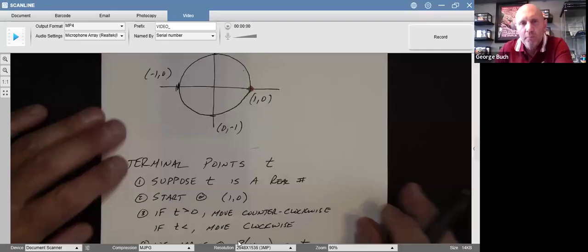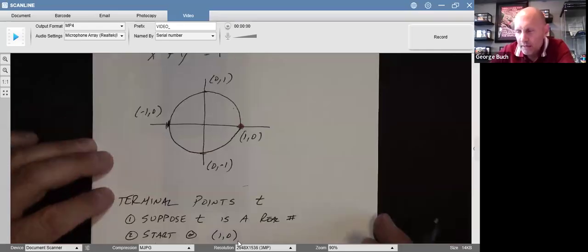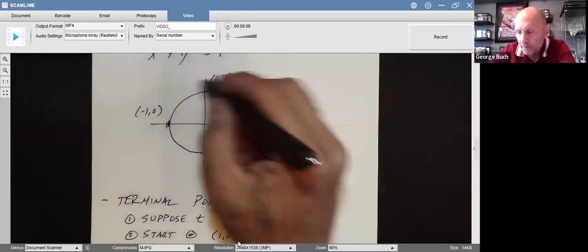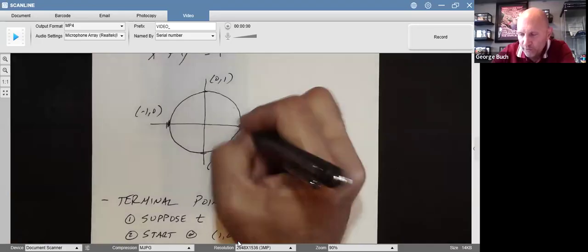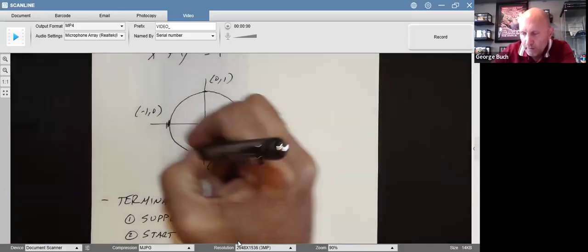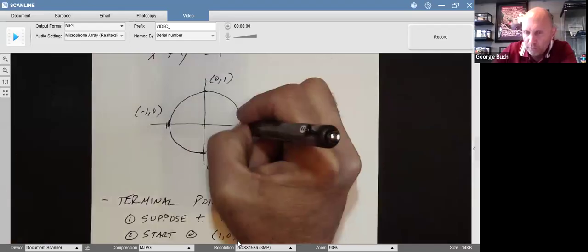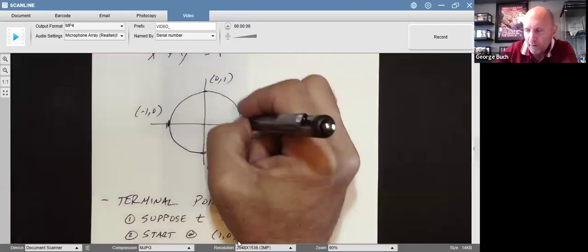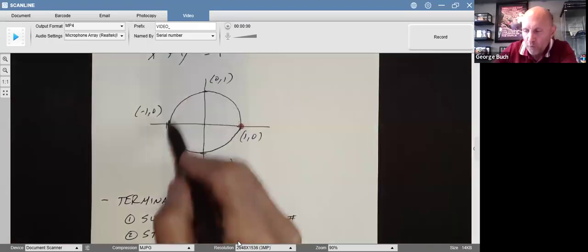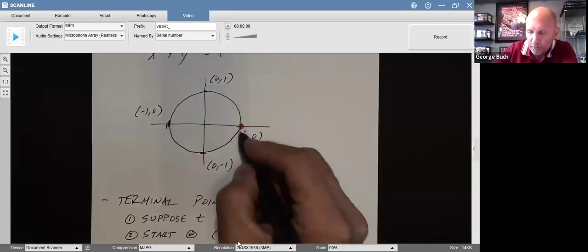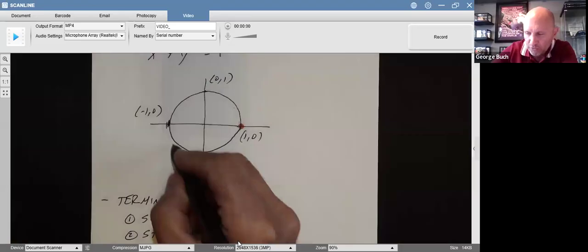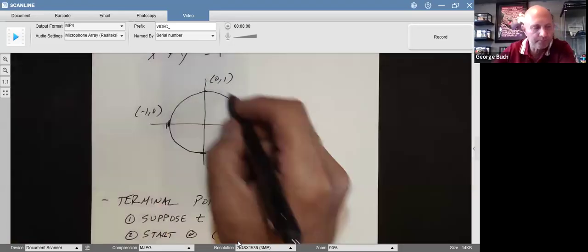What I like to tell people is think of this like a park that has a big circular sidewalk around it. If you're going to walk all the way around in a positive direction, you're headed this way around. You could also walk all the way around in quote unquote a negative direction. So we're going clockwise.